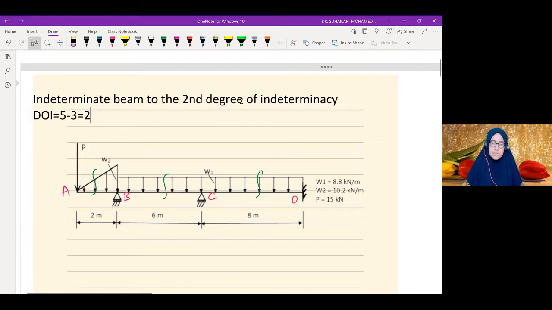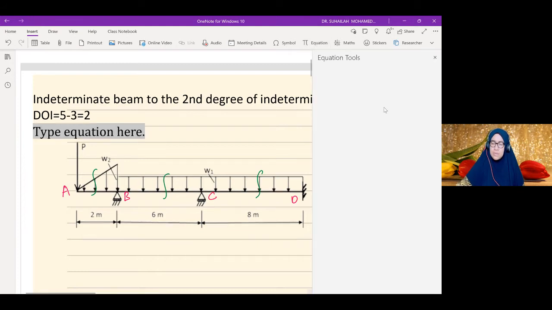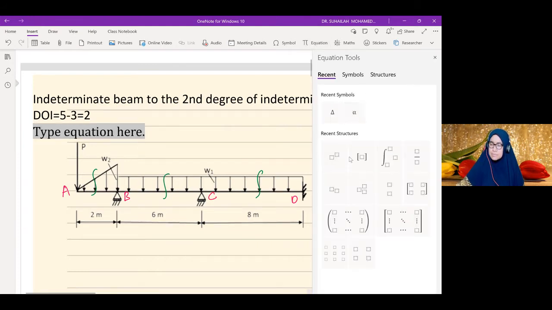So now we can choose the redundants. Let's say we choose R1 and R2. R1 equal to CY.